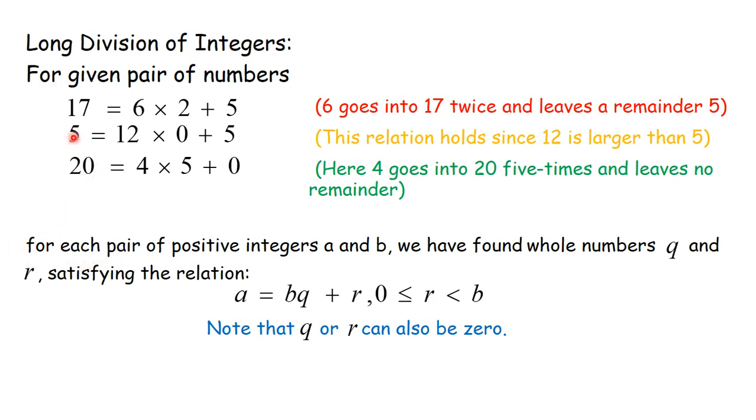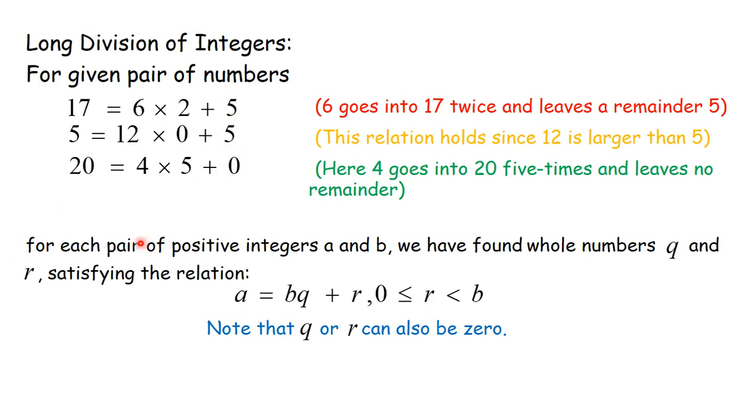For each pair of positive integers a and b, we have found whole numbers q and r. In these three examples, the values of q are 2, 0, 5, and the values of r, that is the remainder, are 5, 5, 0.